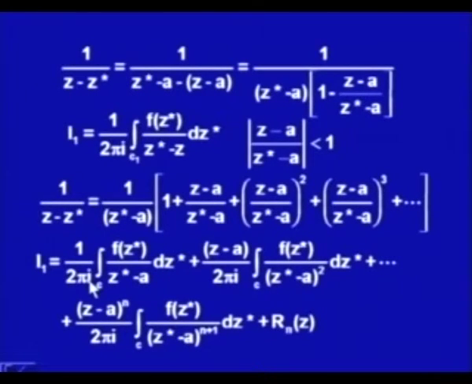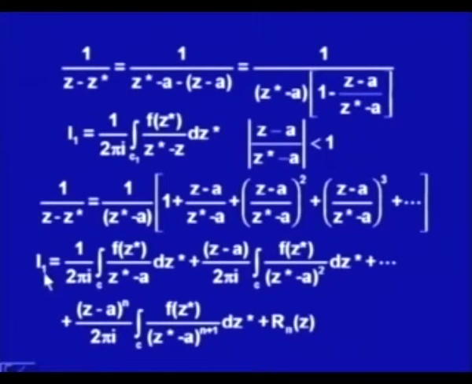Here we have assumed that we can integrate term wise. It is an infinite series, and when we integrate, the integrand can be integrated term wise. Of course, we have not proved this so far, but at the moment we are taking it for granted.